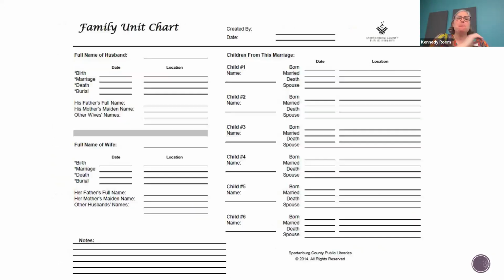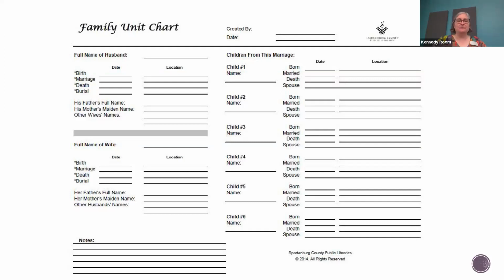So a family unit chart looks at that basic family unit, dad, mom, and the children. There are only 6 children on our form. You can always write on the back or just get an additional chart and just keep writing the children. Yes, I know that some families have more than 6 children.